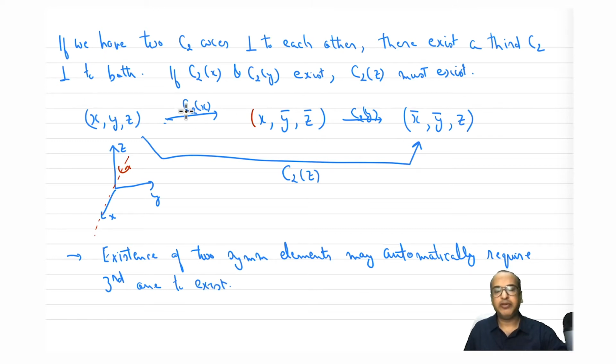For example, here C2x and C2y were existing, and because of their presence, C2z must exist.